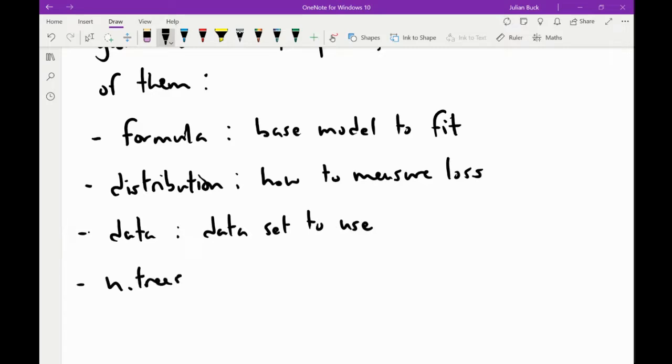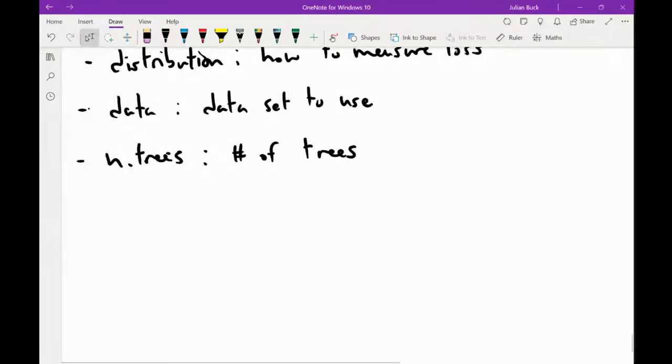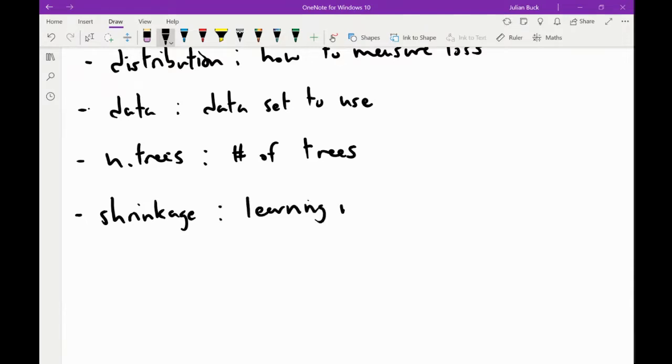n.trees. As the name suggests, this is the number of trees. Shrinkage, well, that's self-evident. So remember that that's just the name for the learning rate. interaction.depth.